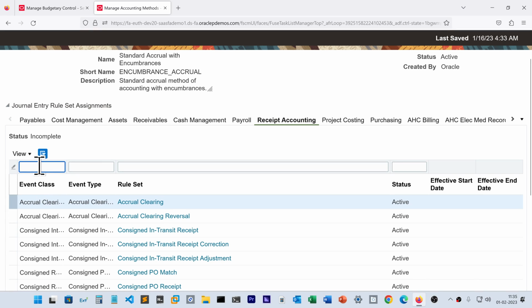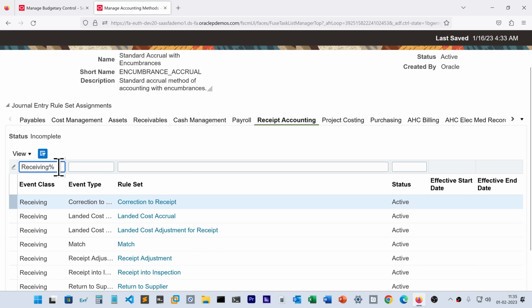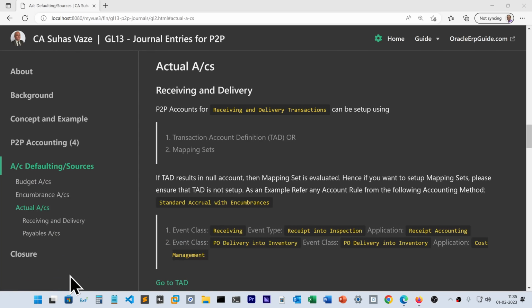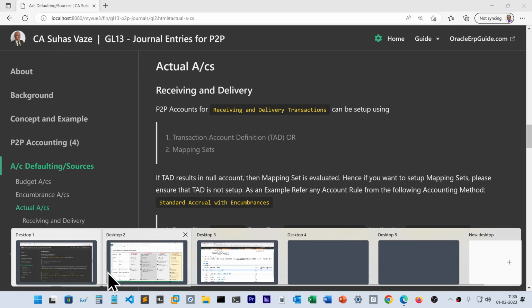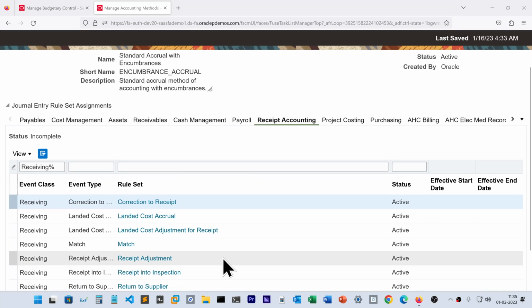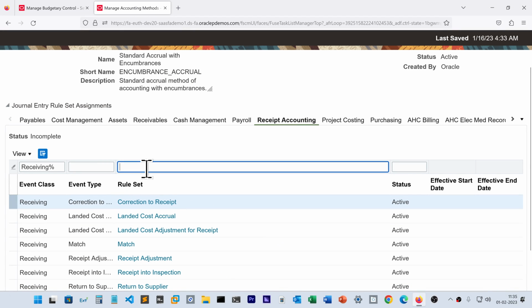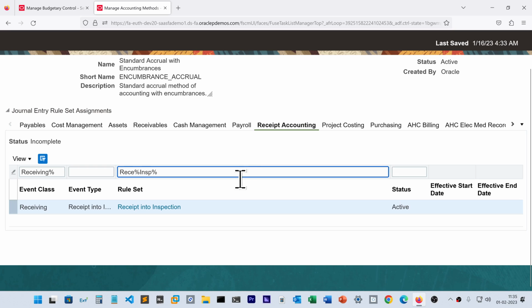And within that, receipt into inspection as the event type. So here, receipt inspection, this one.